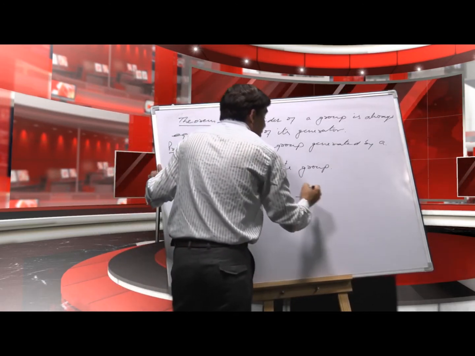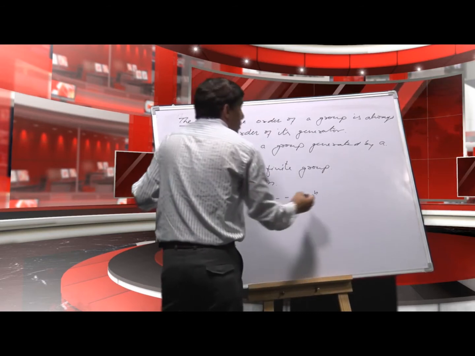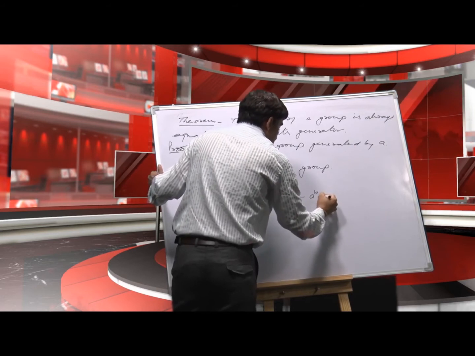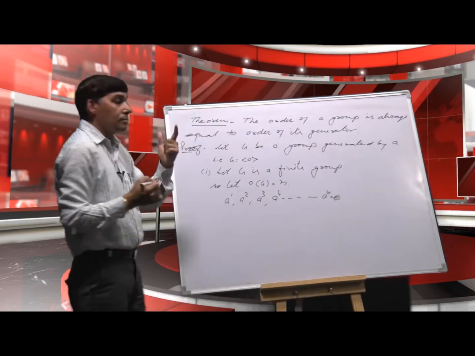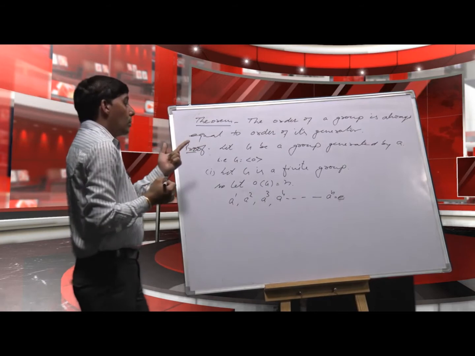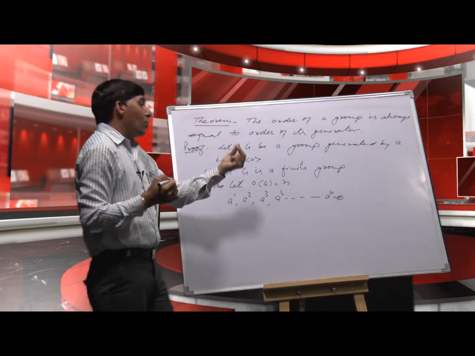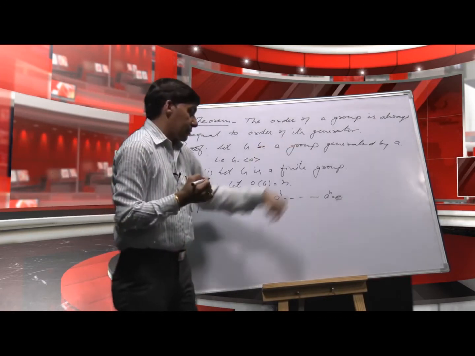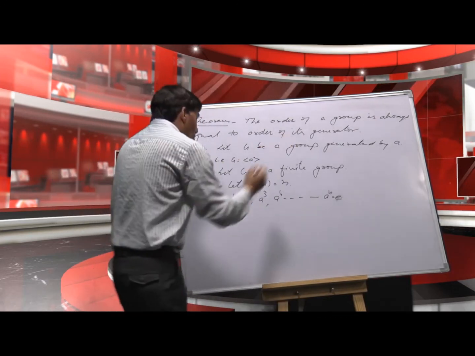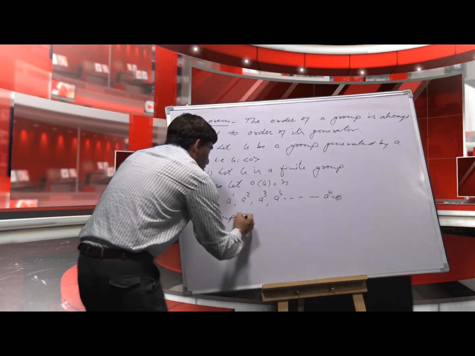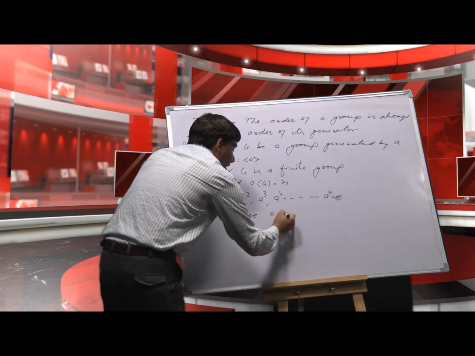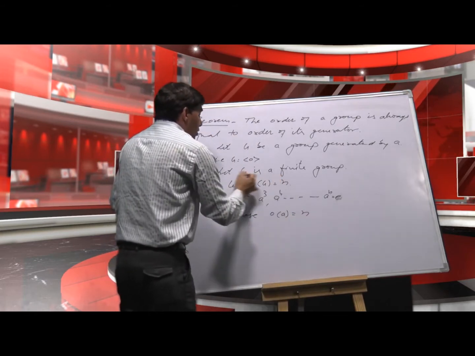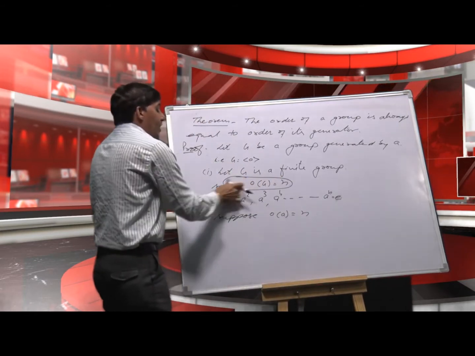Our target is to prove that the order of a group is equal to the order of its generator. We can also suppose the order of a is equal to n. We will prove the order of G is equal to n. This is our target.